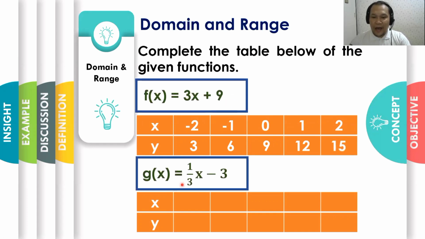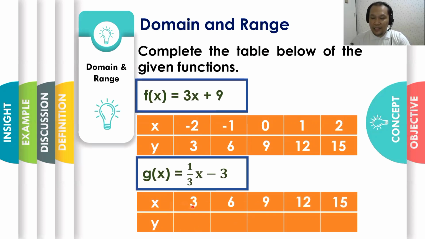Now, if I use 3, 6, 9, 12, and 15 as the values of x for the second function, which is g of x is equal to 1/3 x minus 3, what will be the result of y? Let's observe.